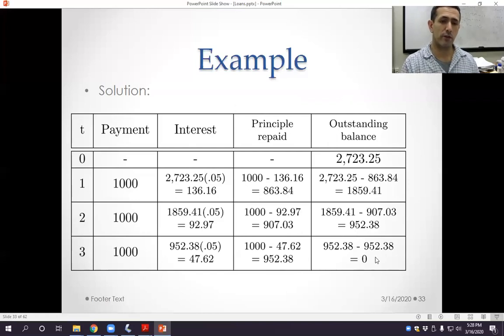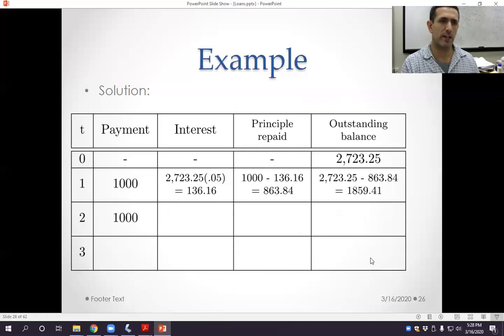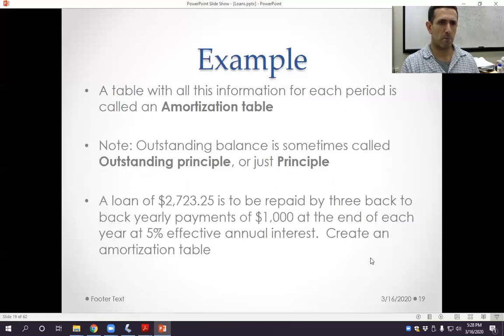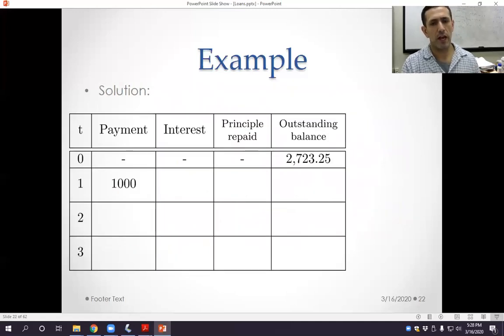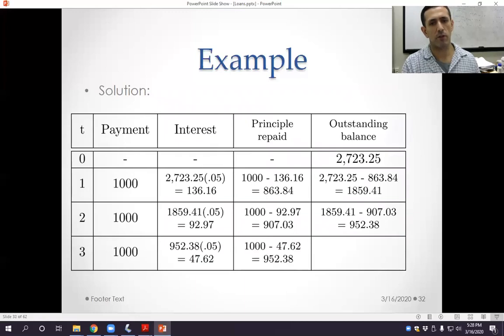So at the end of the third year, you owe 0. You don't owe anything, which it better be the case, because I said the loan is to be repaid by three back-to-back yearly payments at the end of each year. So something would be wrong if you had an outstanding balance of something other than 0.